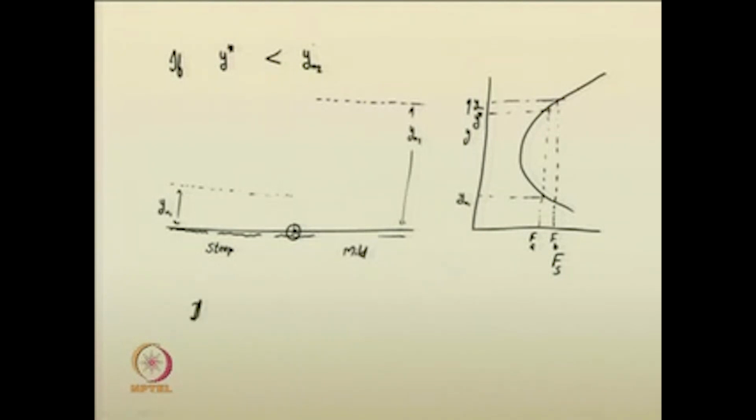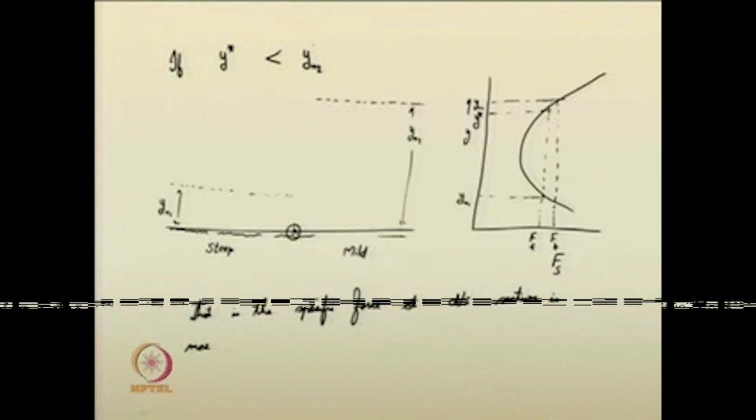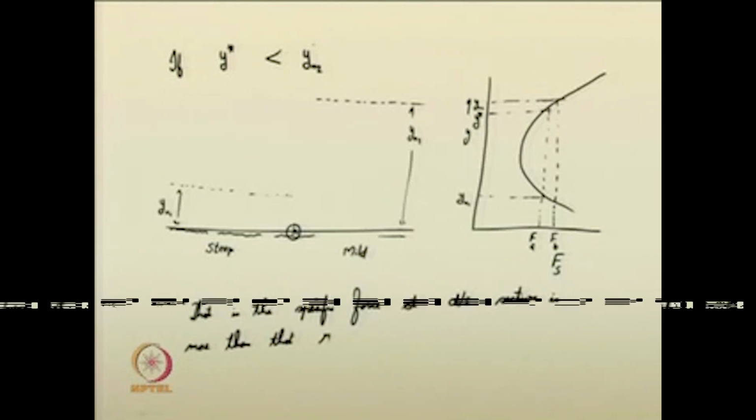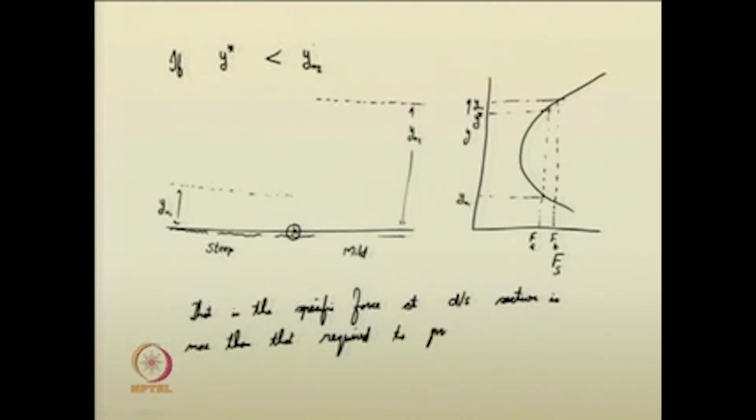That is, the specific force at the downstream section is more than that required to produce a hydraulic jump.